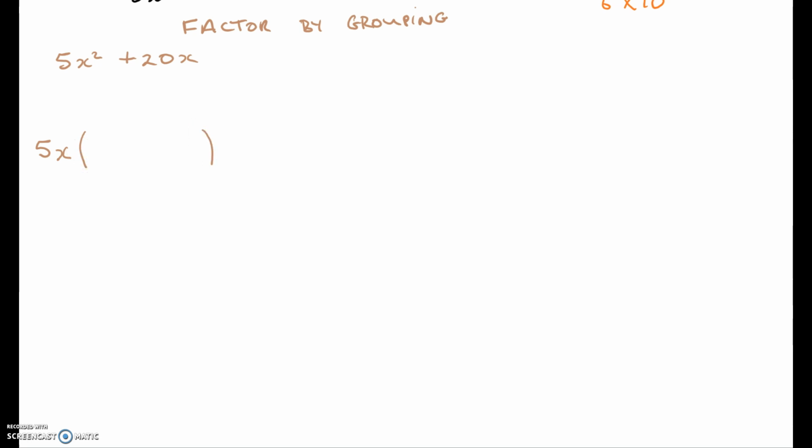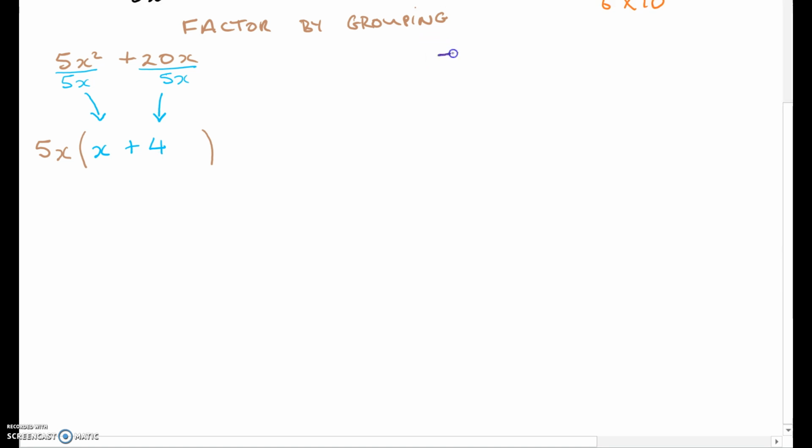To figure out what should be on the inside, just divide both terms by 5x. 5x squared divided by 5x: the 5's cancel, and you subtract the powers, you get x. Plus 20x divided by 5x: the x's cancel, and 20 divided by 5 is 4. So that first part is 5x times x plus 4.